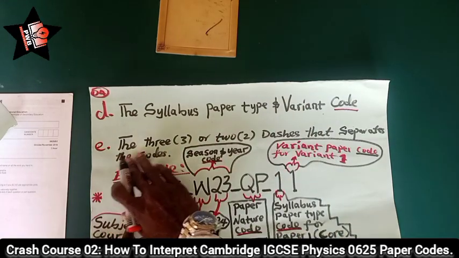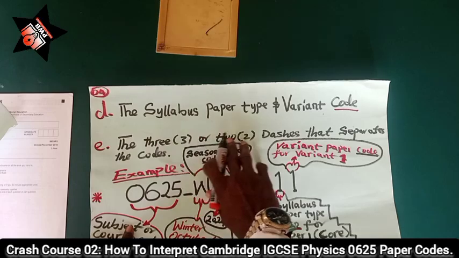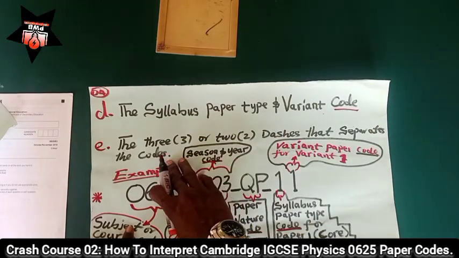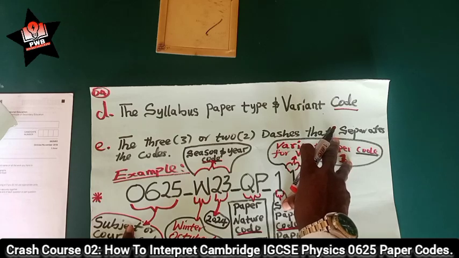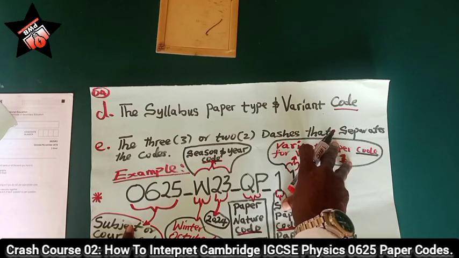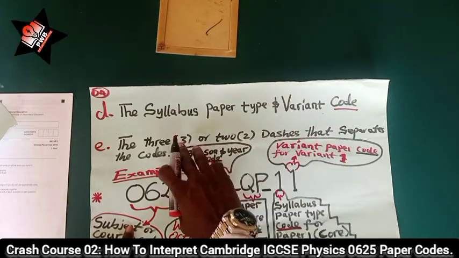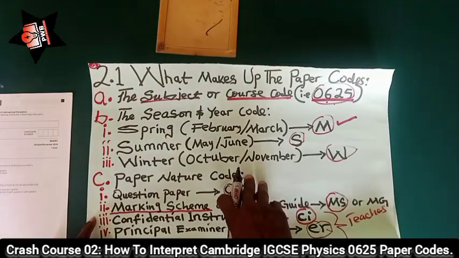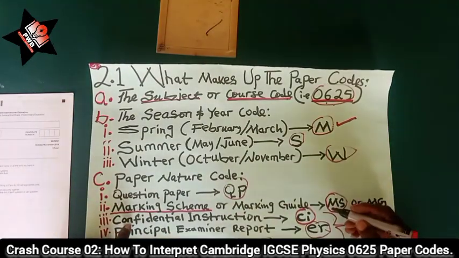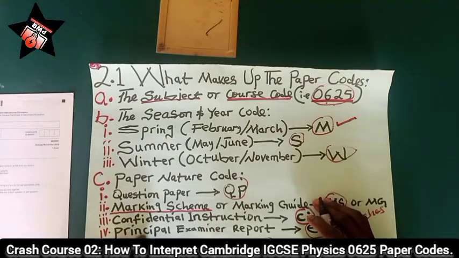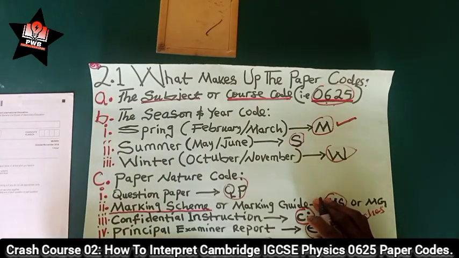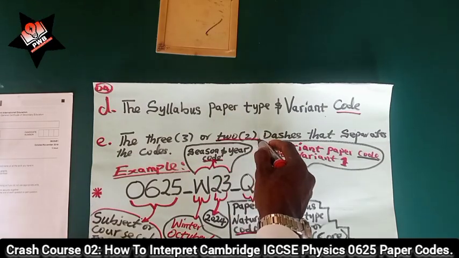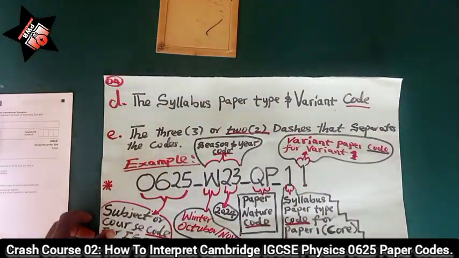The next one is the 3 or the 2 dashes that separate the code. If it's a paper code for examination and marking scheme, they are separated with 3 dashes. And if it is a paper code for confidential instruction, principal examiner reports, grade threshold, they are separated with just 2 dashes.